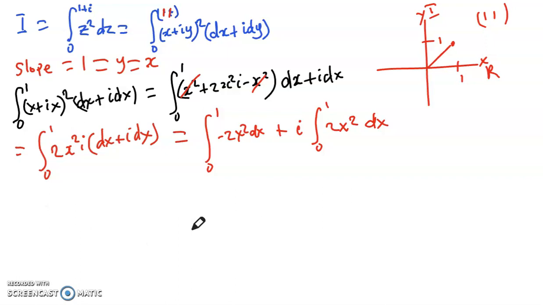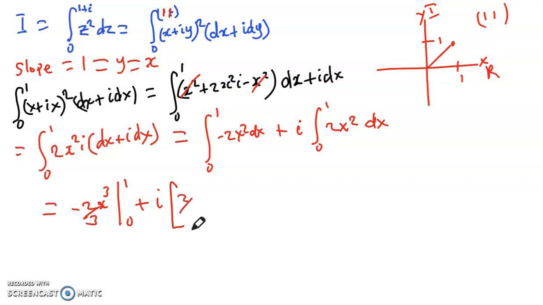You should know how to do integration. It is just the reverse of differentiation. So if we integrate this, what we will have is negative 2 over 3 x cubed from 0 to 1, plus we integrate the imaginary part of it.